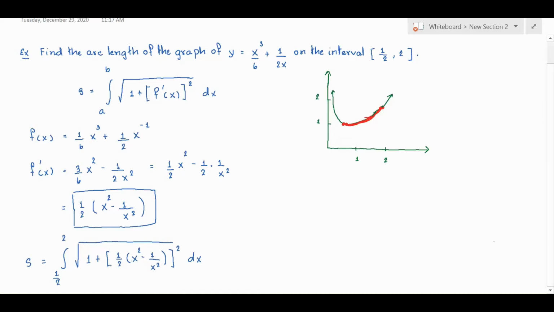So what I need to do is simplify this and be able to take it out from the radical and make it simpler and easier to take an integral. So let's continue to simplify this. I have an integral from 1/2 to 2 of the square root of 1 plus, now I have to square this whole thing. 1/2 squared is just 1/4.